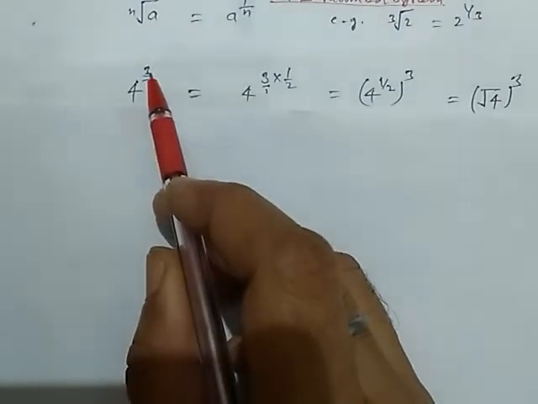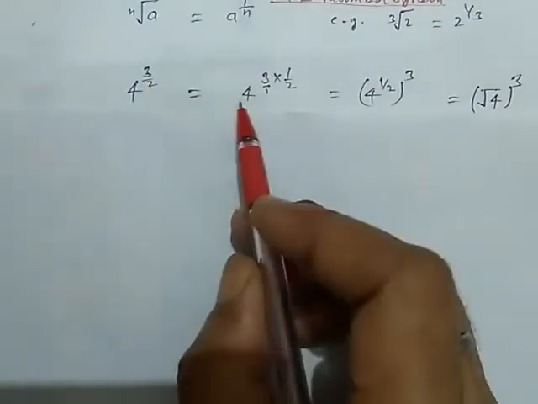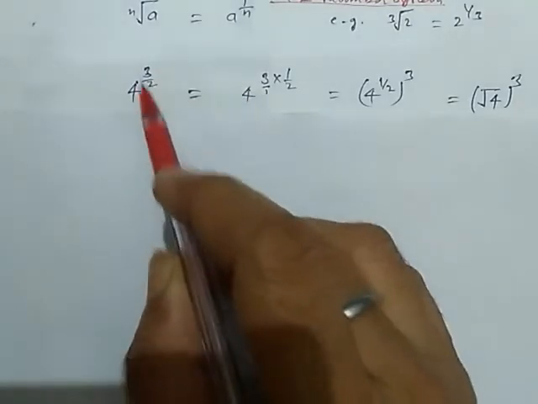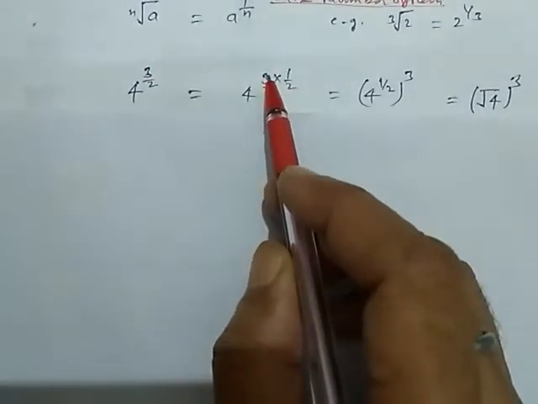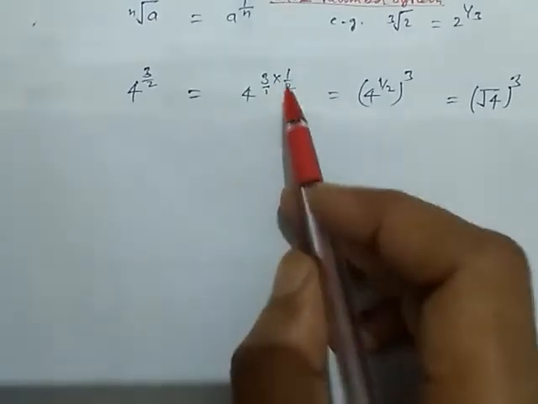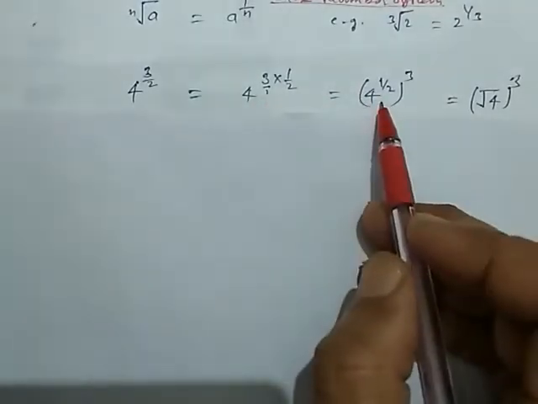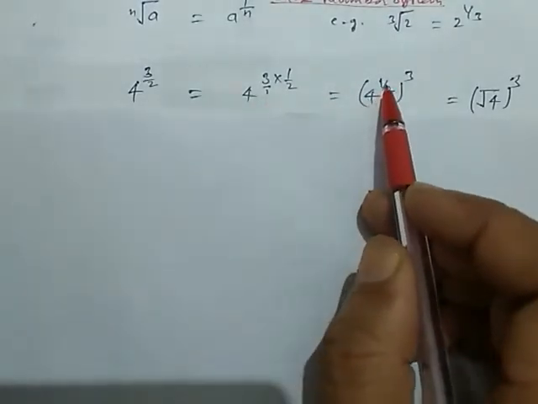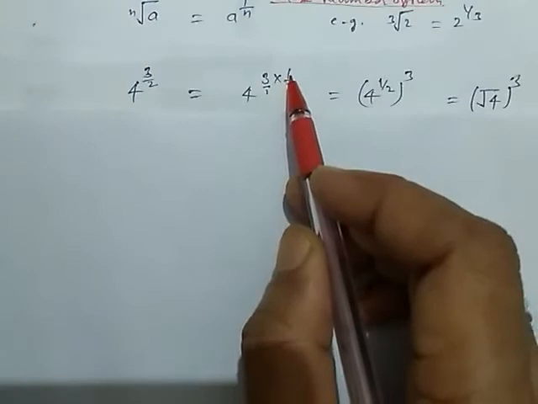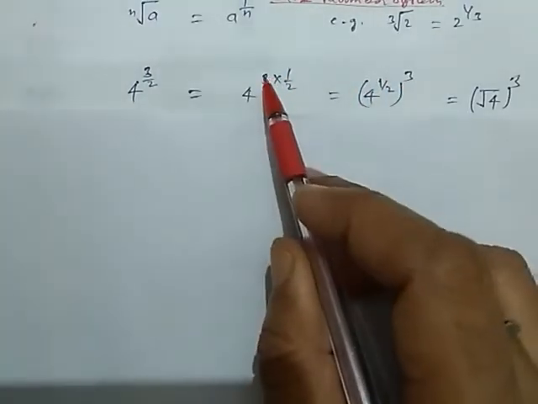4 to the power 3 by 2 means, 3 by 2 can be written as 3 by 1 into 1 by 2. So we can convert this as 4 raised to the power half for this and whole cube for this.